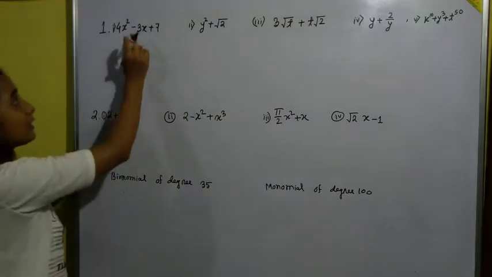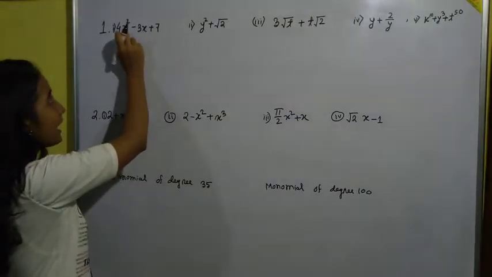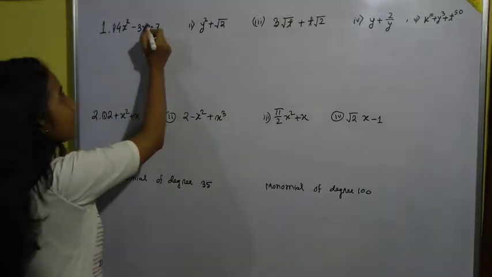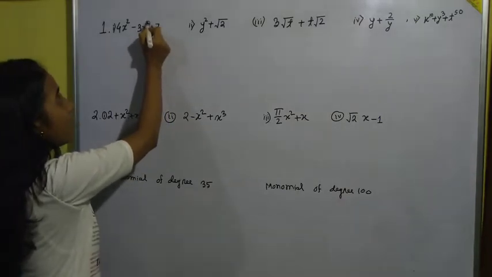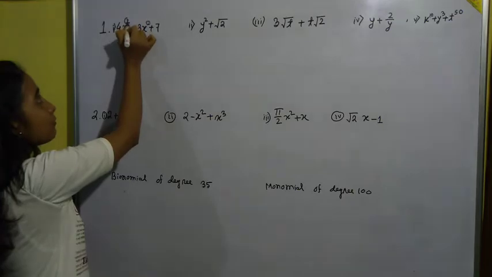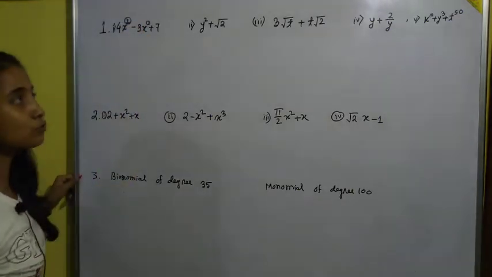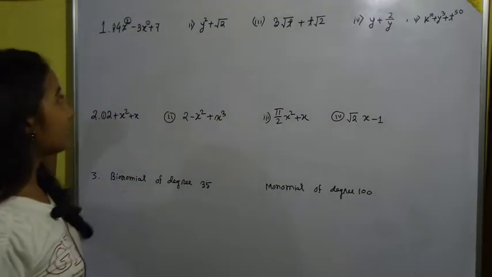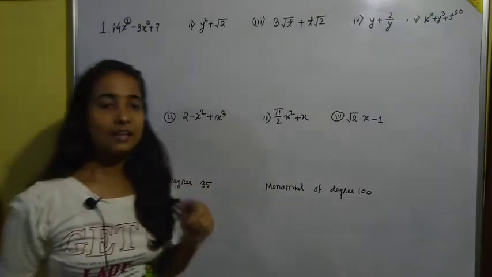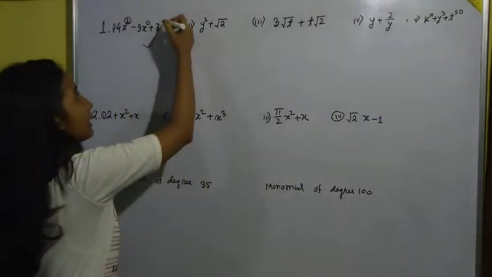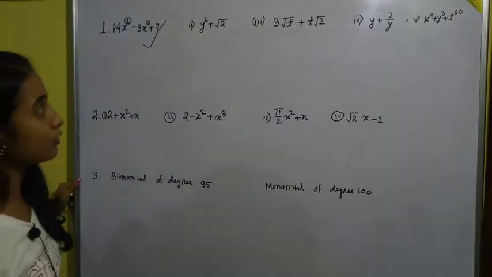Here the variables are x and x square. In the second term, the power is 1, and in the first term, the power of the variable is 2. That means here all the powers are whole numbers. That means this is a polynomial. Yes, it is a polynomial.